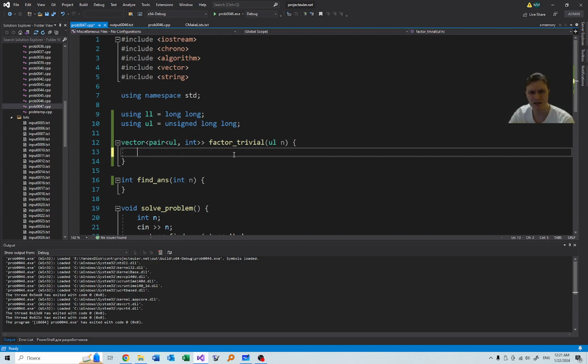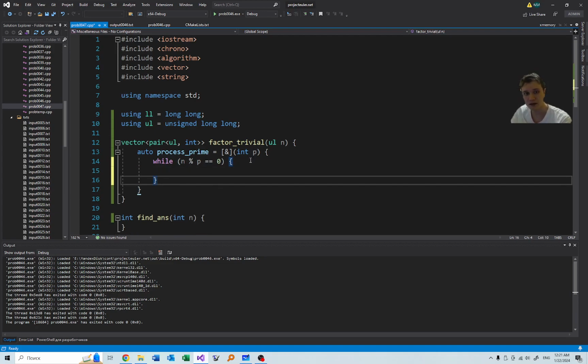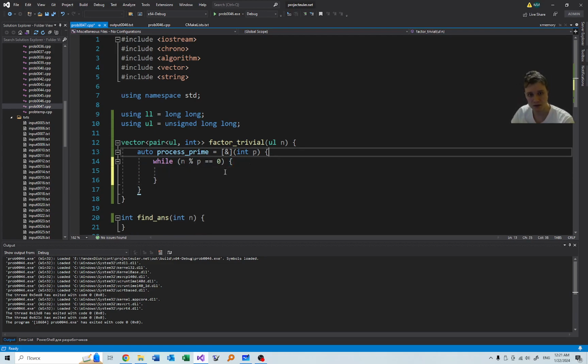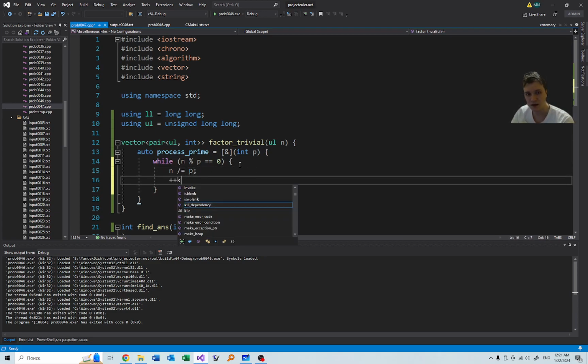Okay, let's do it the good way, actually. So let's write a function process prime. And it says while n % p equals 0, then n divides equal p and plus plus k.